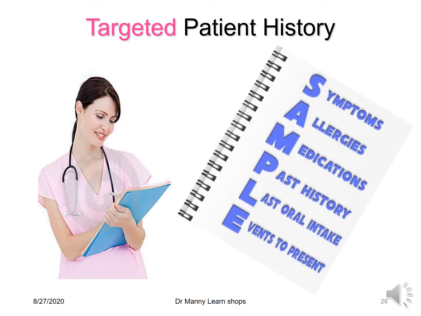When looking at patients, it's always important to do a targeted patient history. And I've just given you one example here, which is called SAMPLE. SAMPLE is an acronym that provides you with signs and symptoms, allergies, medications, a past medical or surgical or appropriate history, the last oral intake that they had, and events leading up to why they presented.